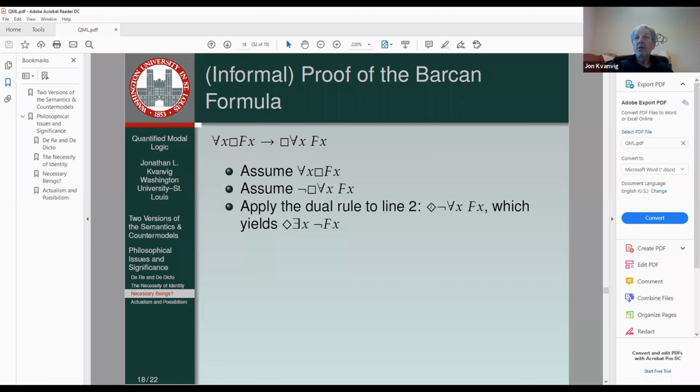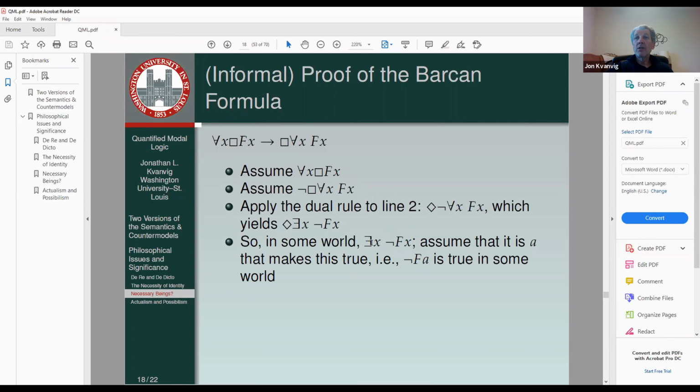Now apply the dual rule to line 2, and then you can prove this, but I'm just going to do it in one step. We can go from diamond not for all to diamond there exists an X such that X isn't F. It's possible that there exists something that is not F. That's what this assumption commits us to.